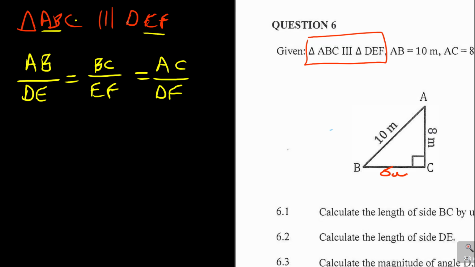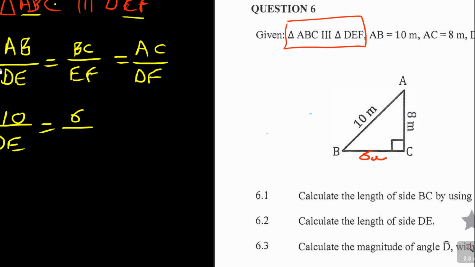AB is DE, AC is DF, and BC is EF. Then you look at what's given. You're given AB, which is 10, over DE, which is what we want, is equal to BC, which is 6, over EF.